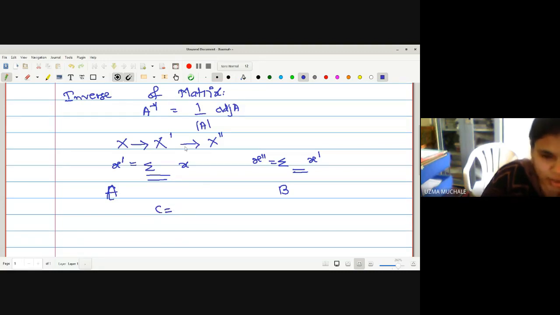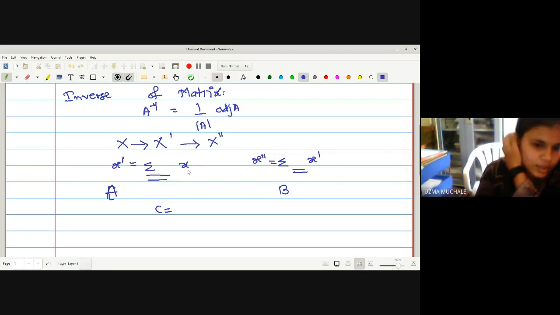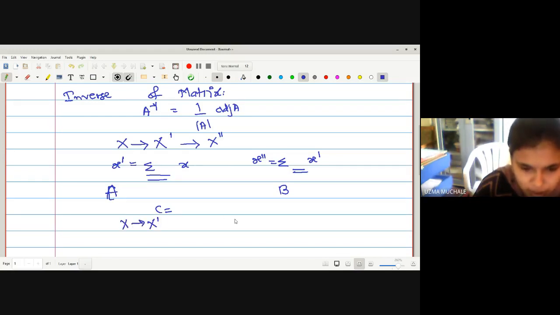So here now we have to find how to find the inverse of a matrix. First we found the transformation from x to x dash. Now, in the reverse way, we have to find the transformation from x dash to x.